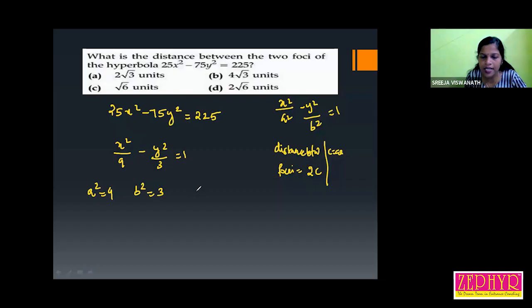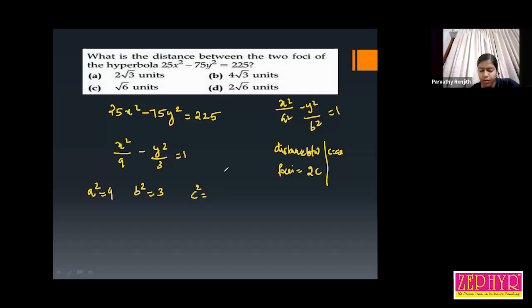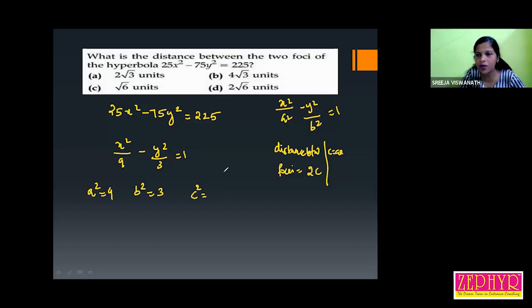Now what is c? C square for a hyperbola equals a square plus b square.